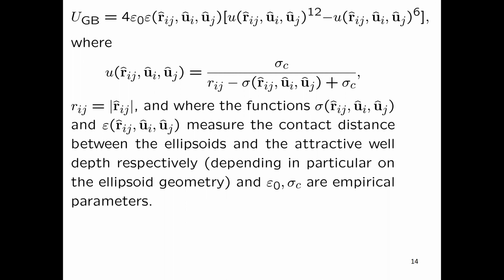Here's the U expressed in here, and sigma is the contact distance between the ellipsoids, and epsilon is the attractive well depth. So that's a bit like the Lennard-Jones potential, with various constants floating around. Anyway, it is a complicated potential that apparently does quite a good job. And I want to show you a simulation of Zannoni's group of the twisted nematic display using molecular dynamics.